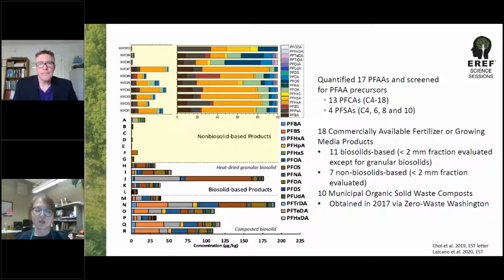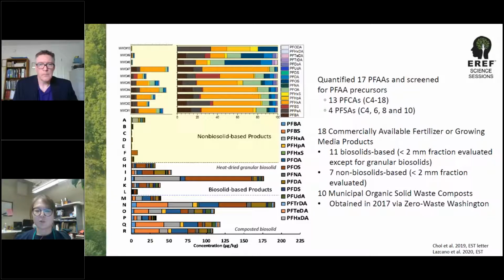So for that compost, we speculated food contact material is the main source of PFAS, but at the same time, we tested other types of compost. Some were non-biosolid based products, and a couple of them were similar to food containing compost.